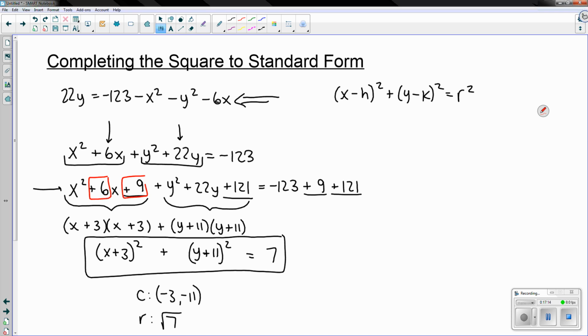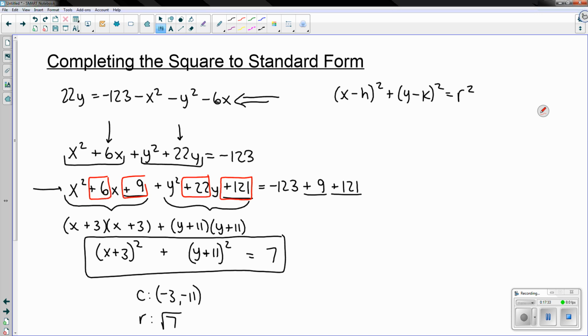Positive 3, positive 3. What multiplies to the constant term, 121, but adds to the linear coefficient, 22? Positive 11, positive 11. And due to the nature of completing the square, you should always produce a duplicate factor pair. So the two numbers you come up with should be identical.